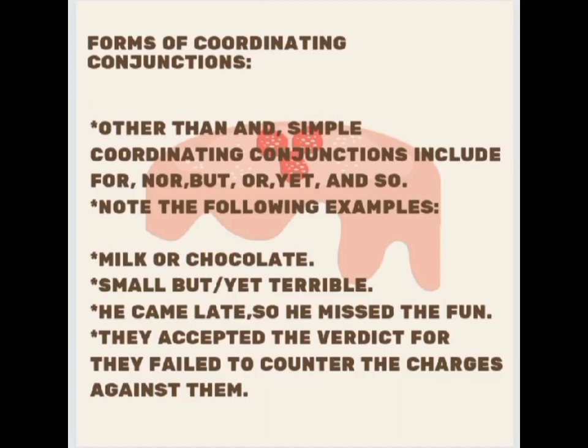For the coordinating conjunctions but and yet, first I will discuss the difference between them. The coordinating conjunction but shows contrast, a general perspective, and differences. However, the coordinating conjunction yet shows coordination to express something unexpected or a surprise. In our example, small but terrible or small yet terrible.